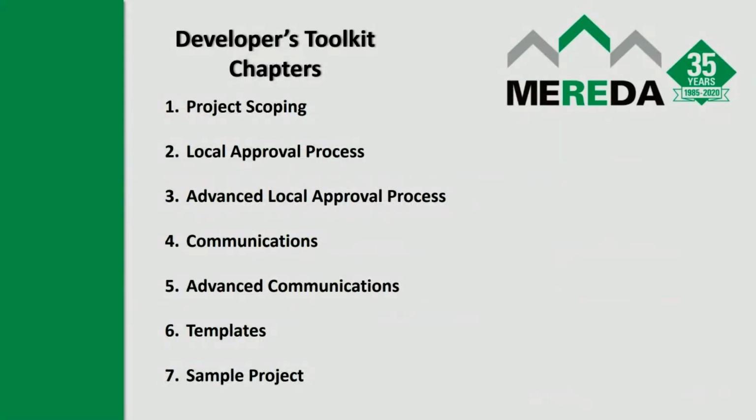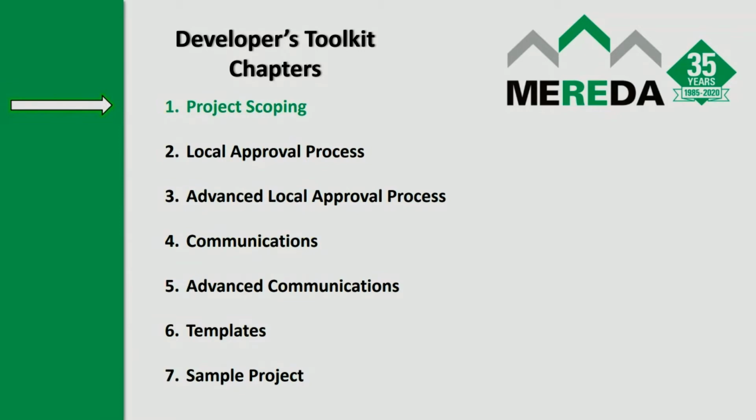So the Developers Toolkit is 7 chapters, 5 of which are really substantive, and chapters 6 and 7 are templates and the sample project. As we go through, you will see examples that we've taken from the templates and the sample project.